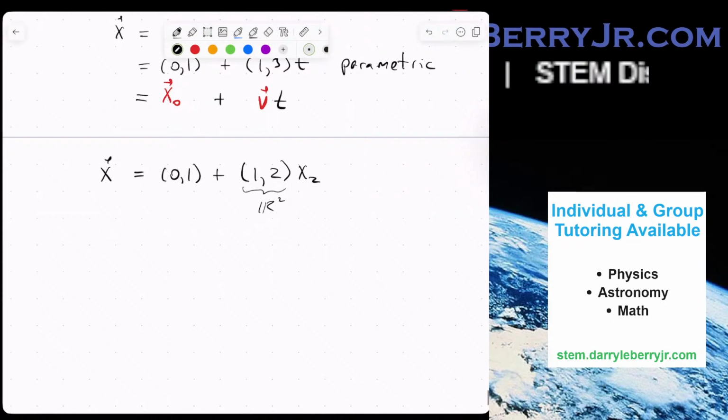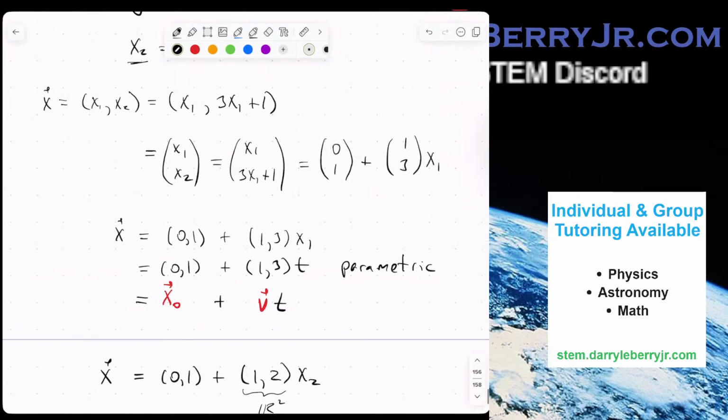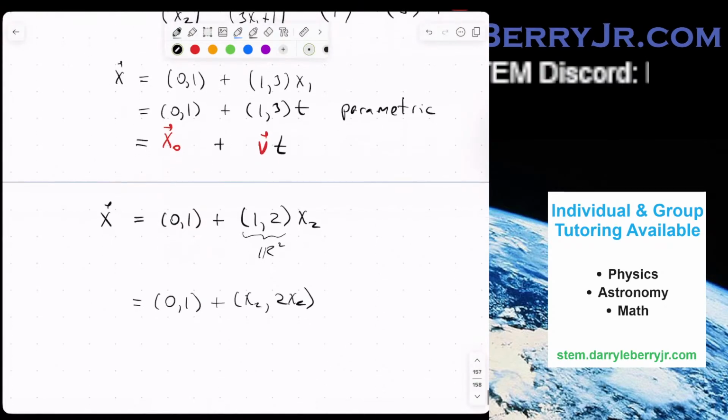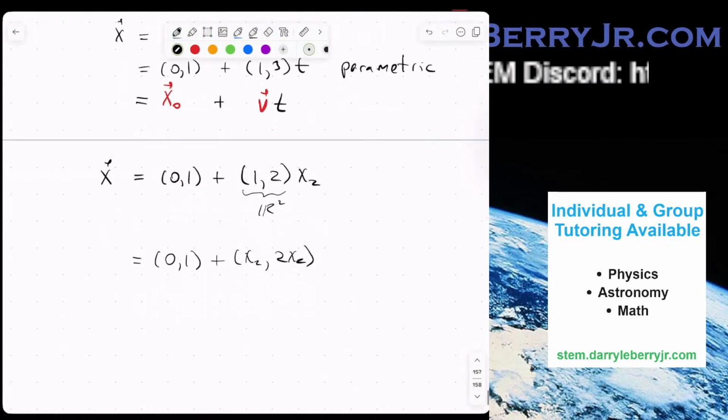So now I can say this equals 0, 1 plus x2, 2x2. So this equals x2, 1 plus 2x2.